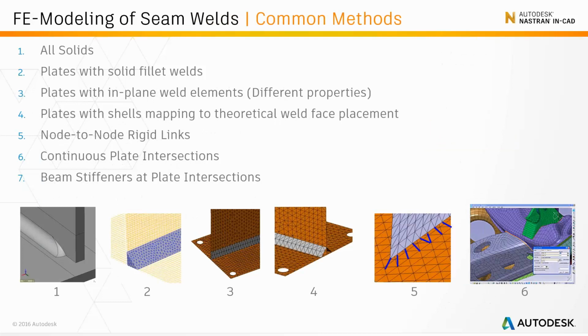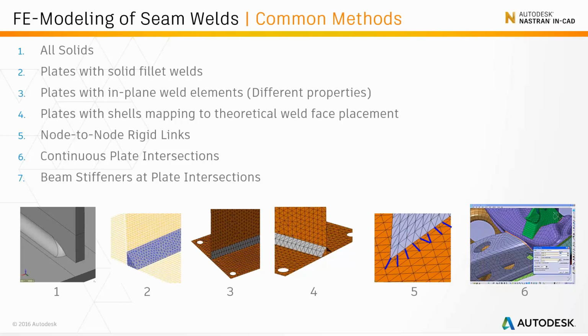So how should you then model welds in finite element analysis? Well, there are lots and lots of ways that people model welds, including some of those listed above. Any one of these is going to give you decent load transfer, which is really what we're looking for, the transfer of load force between adjacent geometry. But that's about all you can expect. Some of the more preferable ones that you see here are most likely going to be items 3 to 6.